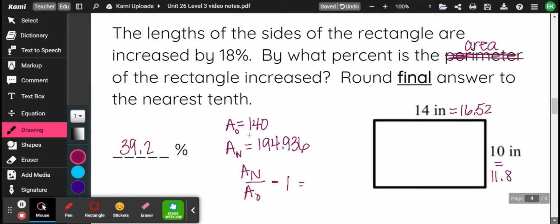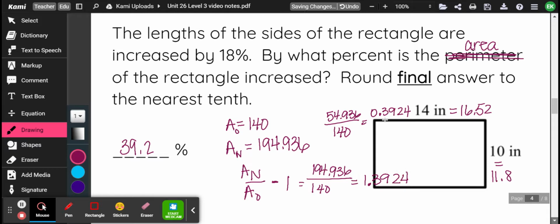So if you take 194.936 minus 140, you get 54.936, which you divide by 140, and you get 0.3924. Or if you take 194.936 divided by 140, you get 1.3924, which means that either way, when we move the decimal point 2 places, your percent is 39.24 or 39.2%.